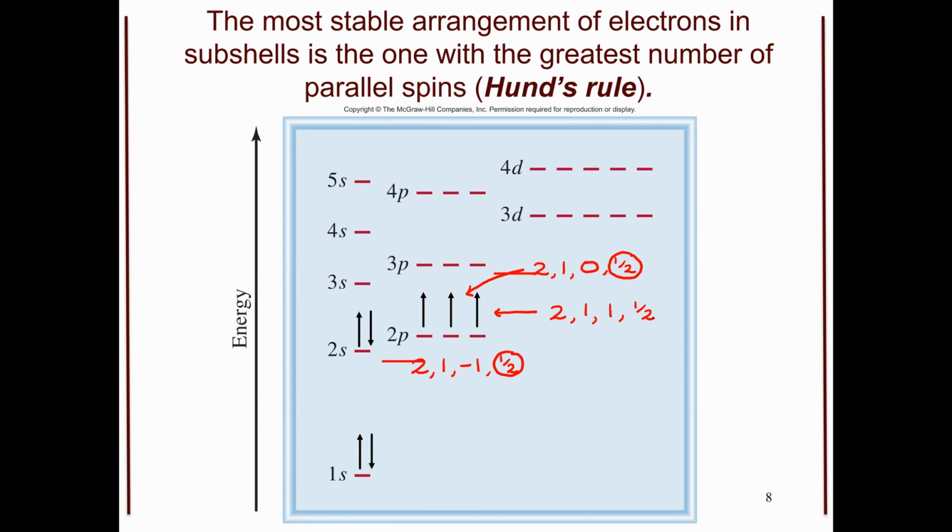So what else I can do in here is, what happens if I would like to add a down arrow? Well, now I would go back and look at the first 3 quantum numbers that I had of my original, and the only difference is going to be the sign on my 4th one. So now my red electron is going to be 2, 1, -1, -1/2.